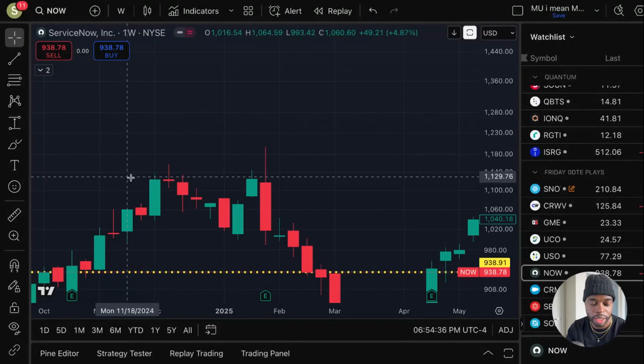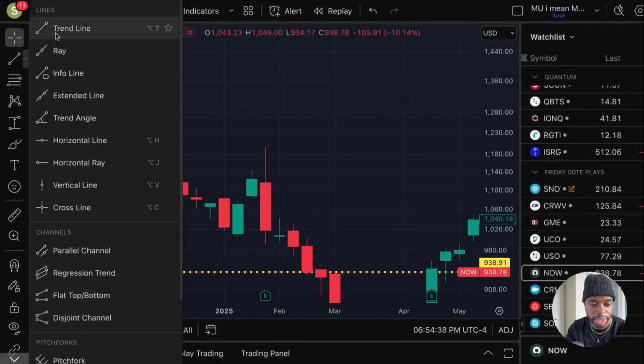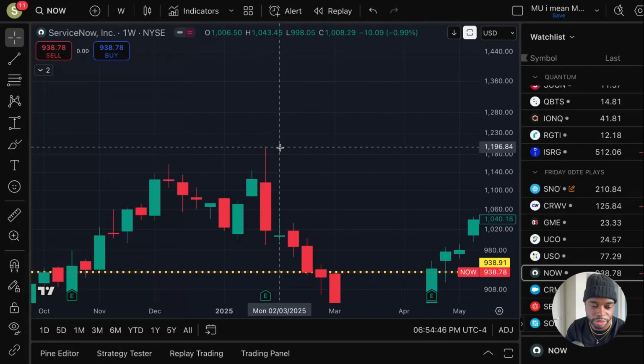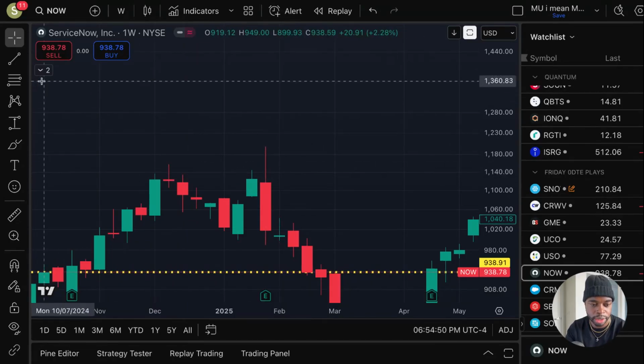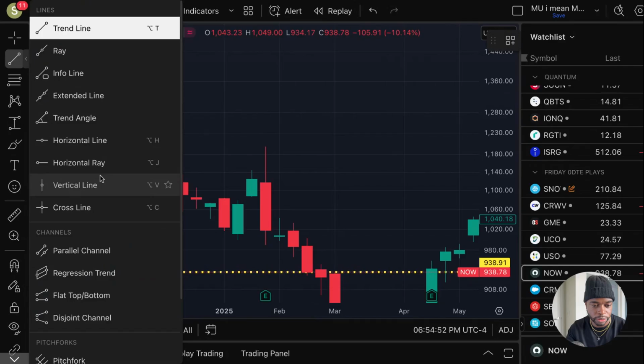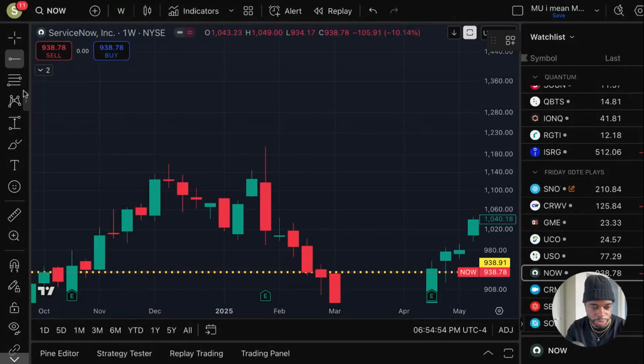So I usually just do option H, but if you go to lines, you go down to horizontal line. On my MacBook, it's option H. I think on regular Microsoft computers, it's going to be control H. Basically, you click on that, go to horizontal line, not horizontal ray.